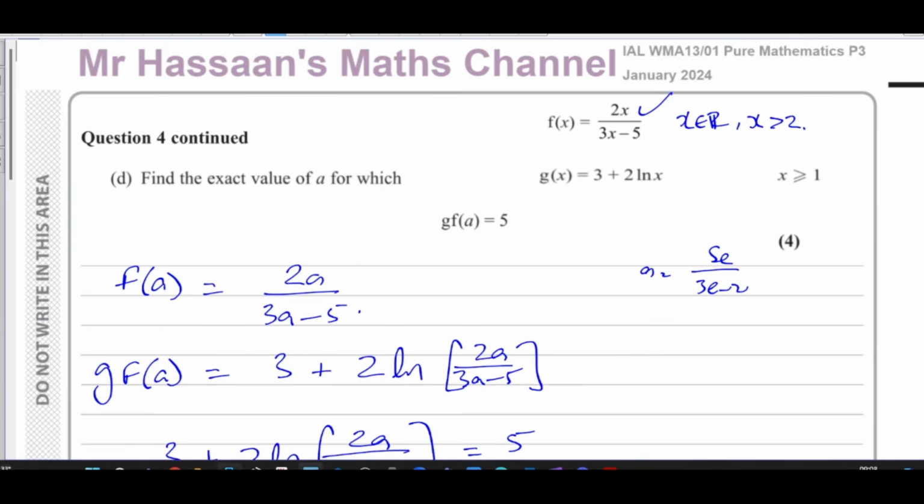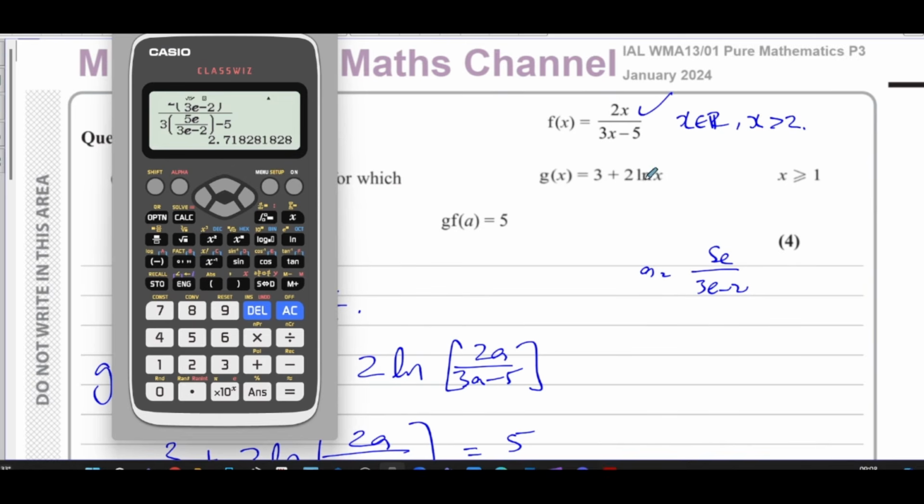And then when you put this value into here, this can go into function g because it's greater than 1. Well, what I should have checked was the value of 5e over 3e minus 2 first.